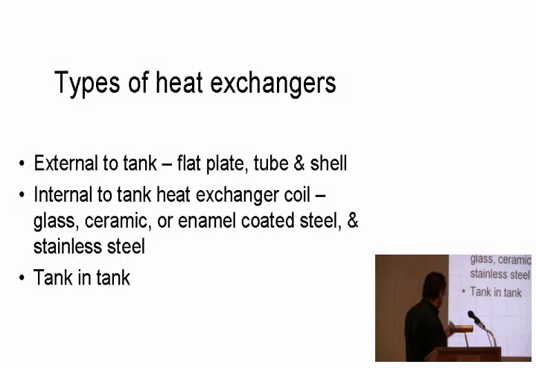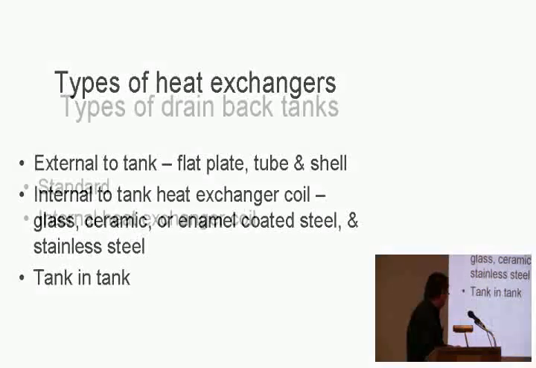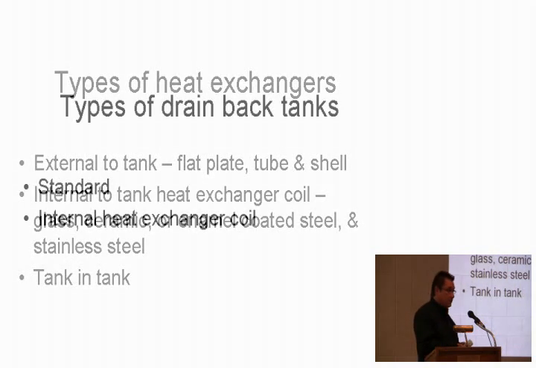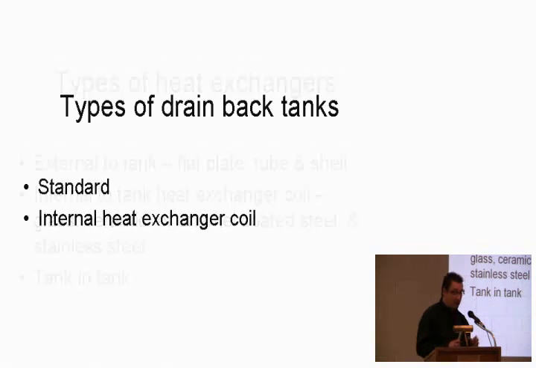Internal tank heat exchanger coils can be glass, ceramic, or enamel coated steel, or they could be stainless steel. The higher quality ones are a stainless steel type of coil. And then I also put up here the tank-in-tank, because it's both a tank and, in effect, a heat exchanger. It does both of those functions.